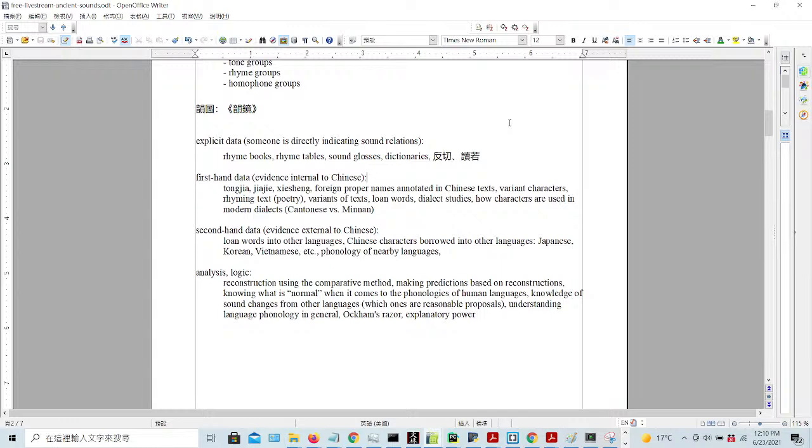So with explicit data, we have things like rhyme books, which are books where you can look up a character and it tells you this character has this initial and has this rhyme. And it doesn't do that directly. It does it with what's called 反切 spellings. Then you have rhyme tables, which are much more explicit, but they also appear much later in history.